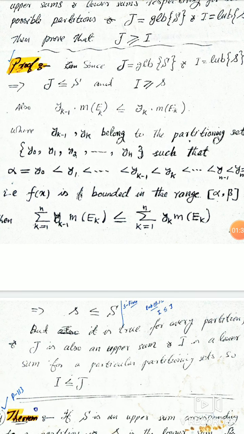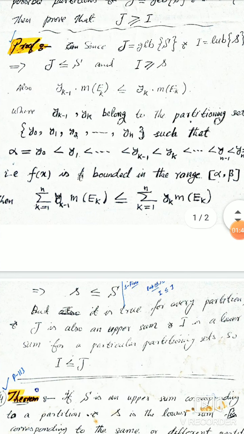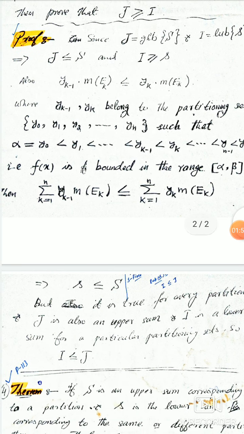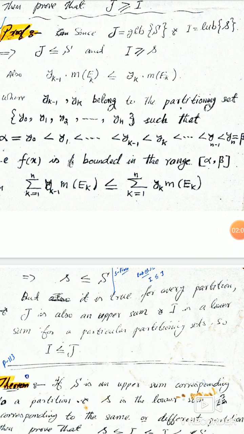And also we know from the previous lecture that y_{k-1} m(e_k) is less than or equal to y_k m(e_k), where y_{k-1}, y_k belong to the partition set {y0, y1, y2, ..., yn}, such that alpha is equal to y0 less than y1 less than y2 ... less than y_{k-1} less than y_k less than ... less than y_{n-1} less than yn, which is equal to beta.